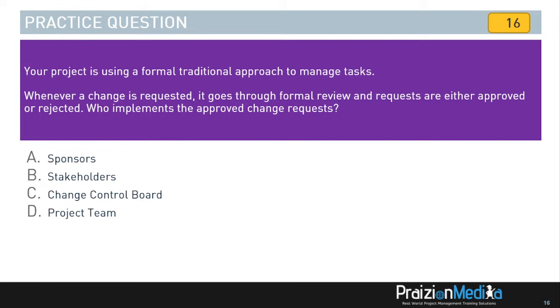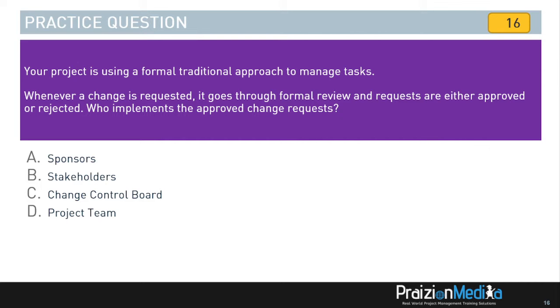Your project is using a formal traditional approach to manage tasks. Whenever a change is requested, it goes through formal review and requests are either approved or rejected. Who implements the approved change requests? I am about to show the answer, so hit the pause button if you need more time.